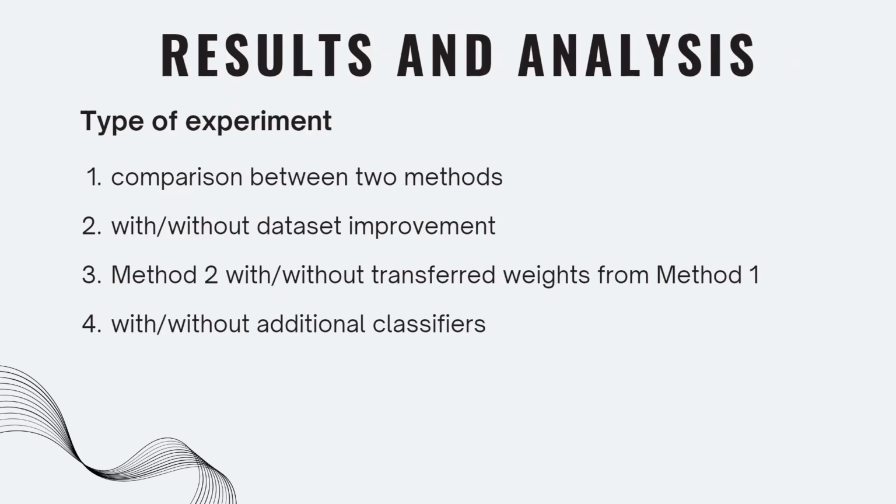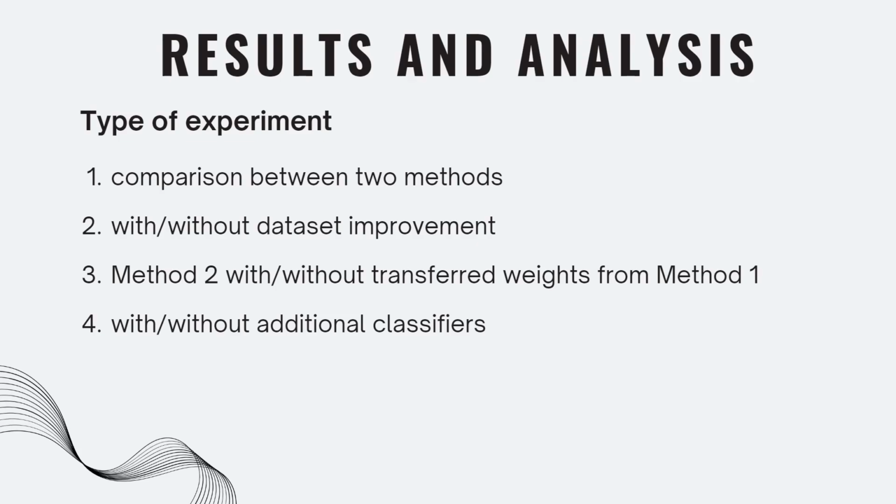Now let's talk about the results and analysis. We have 4 types of experiments. In experiment 1, we want to compare the performance between the 2 methods. In experiment 2, we want to improve the dataset and train to see if the results get better.